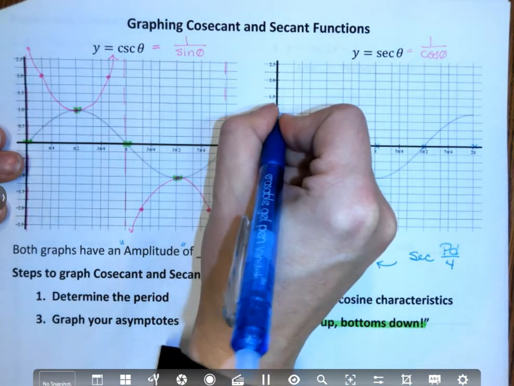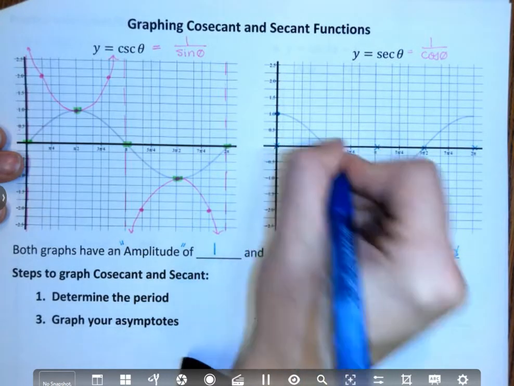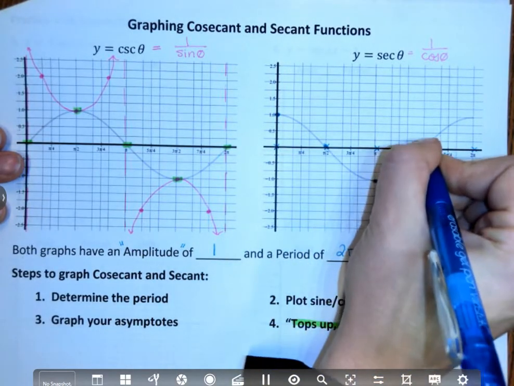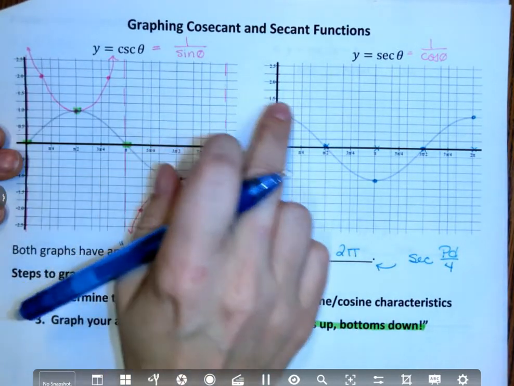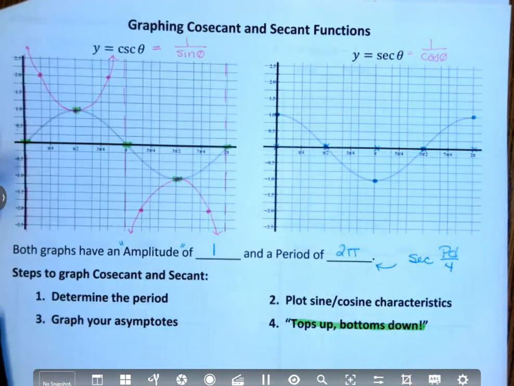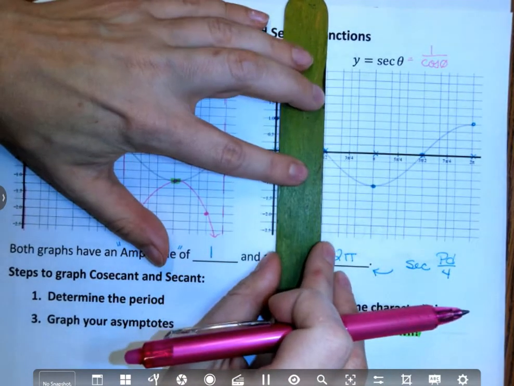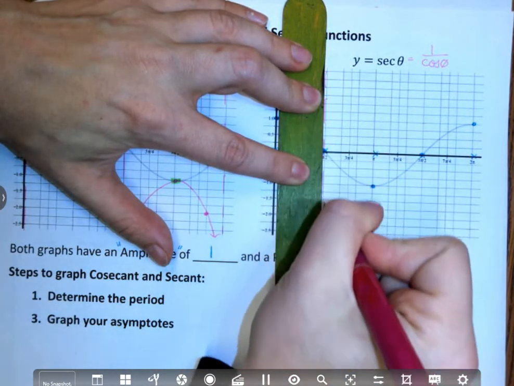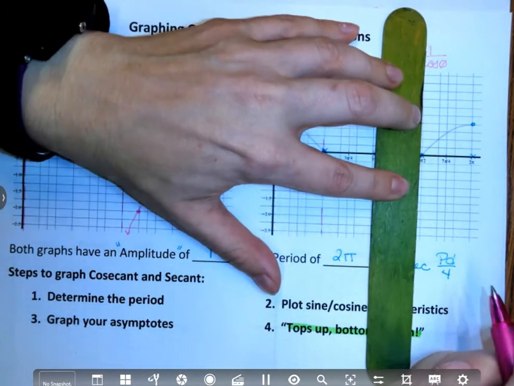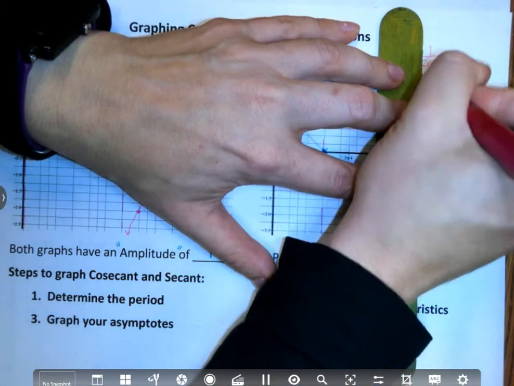Cosine would tell me top, middle, bottom, middle, top. You can sketch that line if you want, but it's not necessary. I wanted you to see how it matched with this. Then what I do is I find the middle points and I draw my asymptotes. There's one. Here's one.